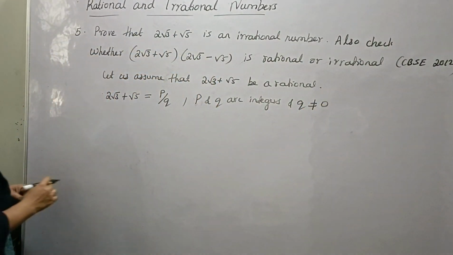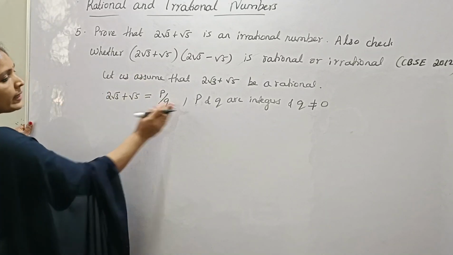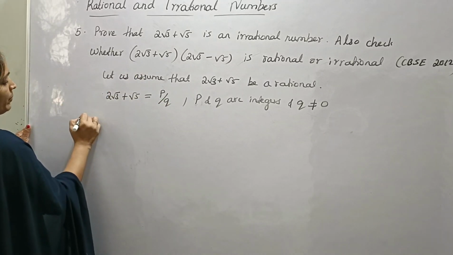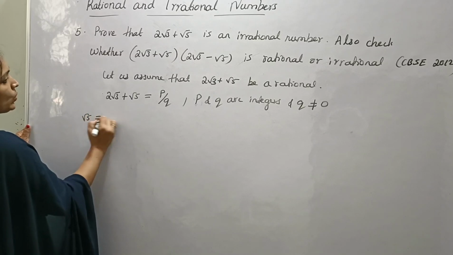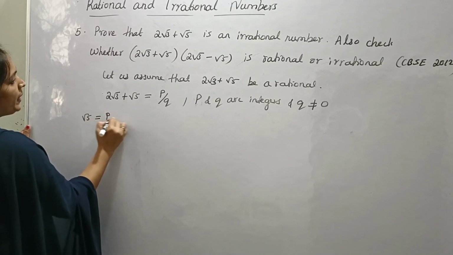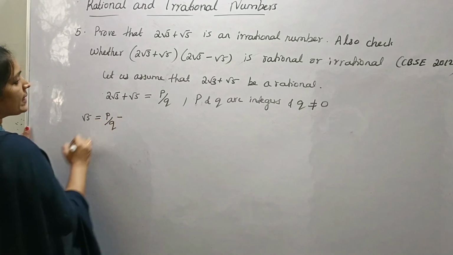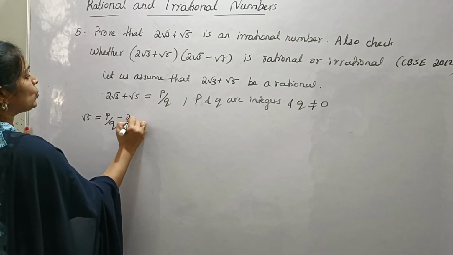Okay. Then after that, take this 2 root 3 to the right side. So it will be root 5 is equal to p divided by q minus 2 root 3.